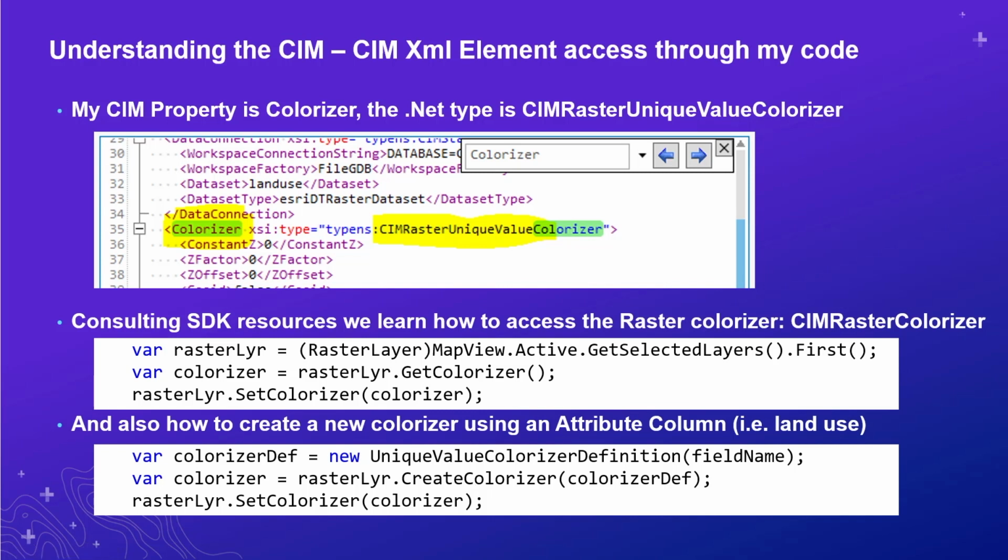The creation of the colorizer gives me all the different breakouts in my legend, my elements in my group, and then I can utilize this colorizer and make more modifications if I need to. And again, I call the same set colorizer method to override the previous colorizer.